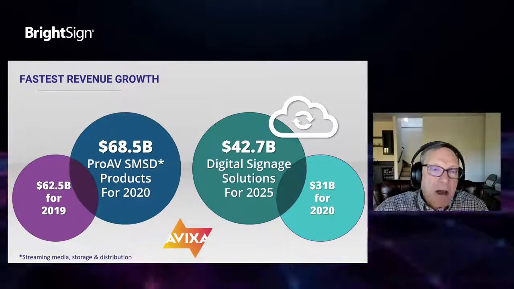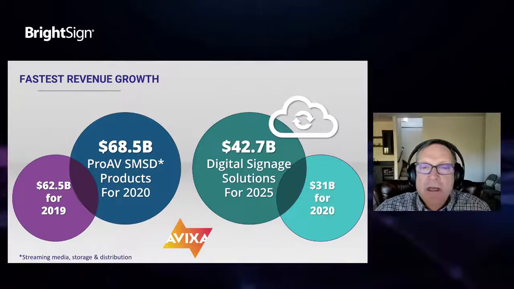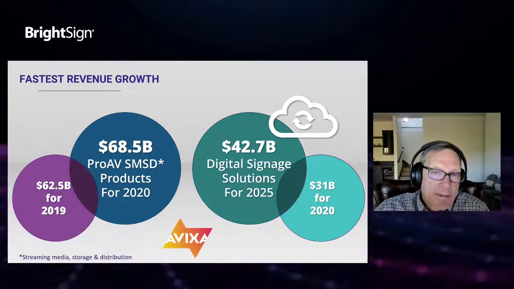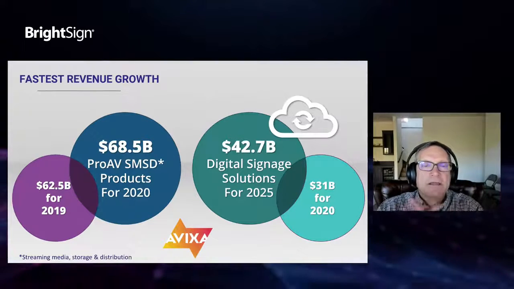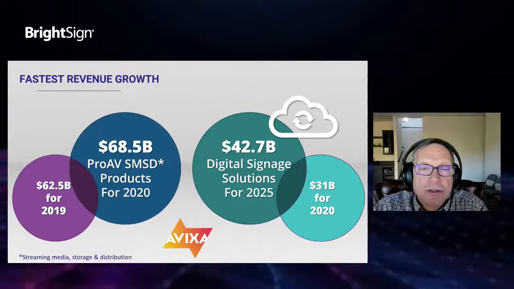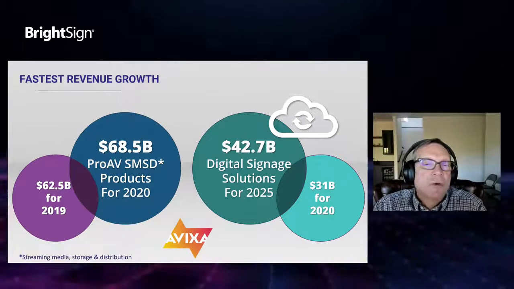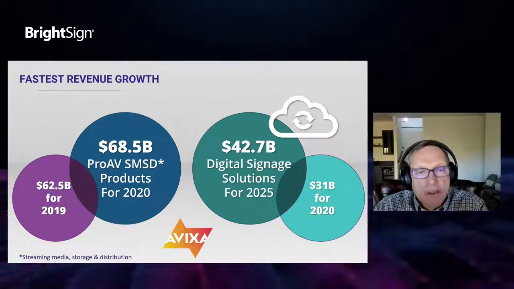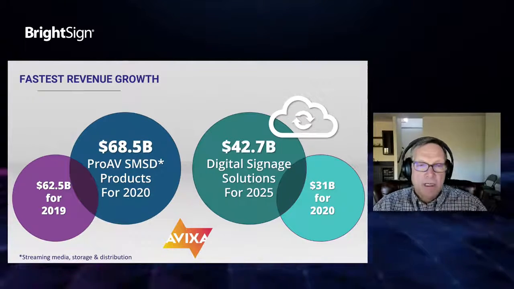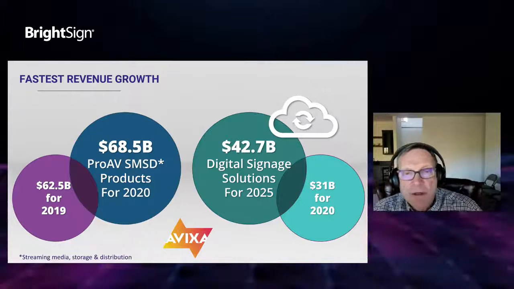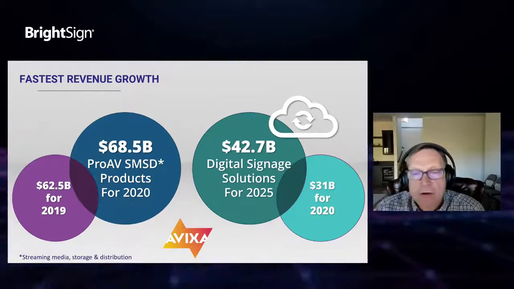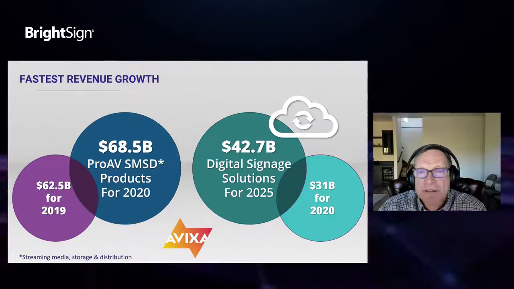That's about a 10% increase for a year that we all know was very, very troublesome. If you take that out and pull out the pure digital signage solutions part of it, the estimate for 2020 is about $31 billion. Where it's going in 2025, it's predicted to be nearly $43 billion. And the compound annual growth, or CAGR, of that is about 7.5%.